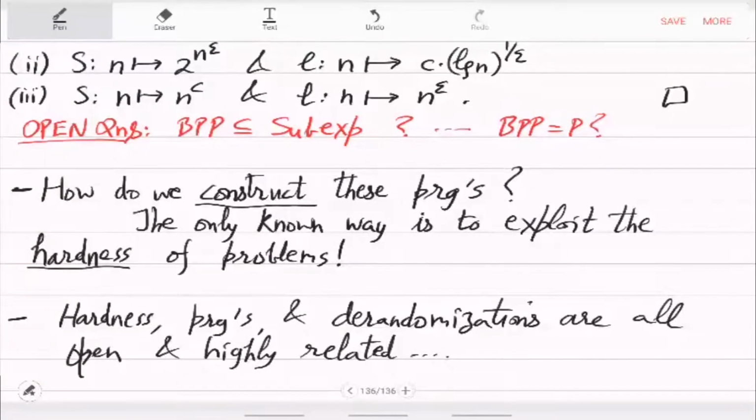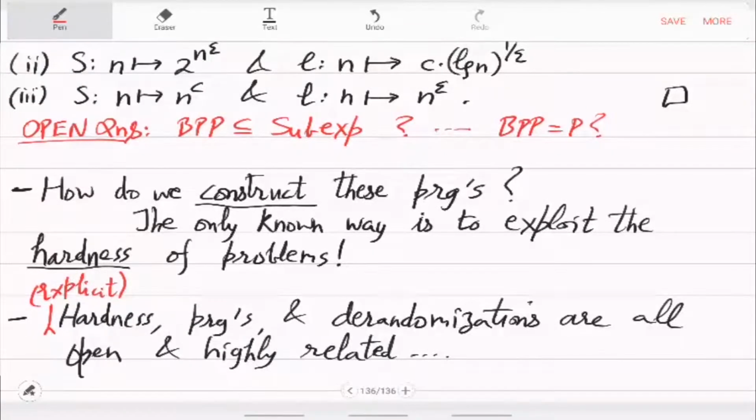And this hardness also, to be useful, it has to be for explicit functions. So it should be explicit hardness. Okay, that is why it is challenging. So actually we know that there are hard problems, like halting problem is hard.